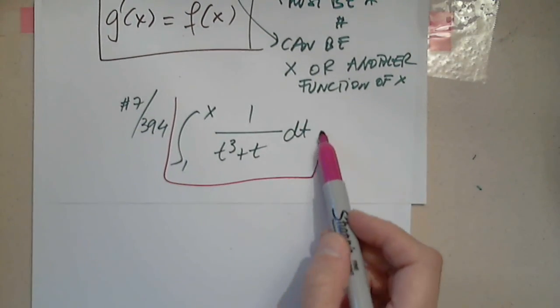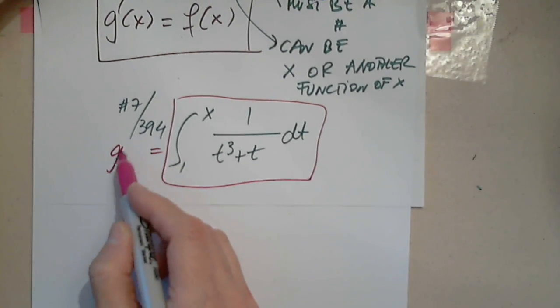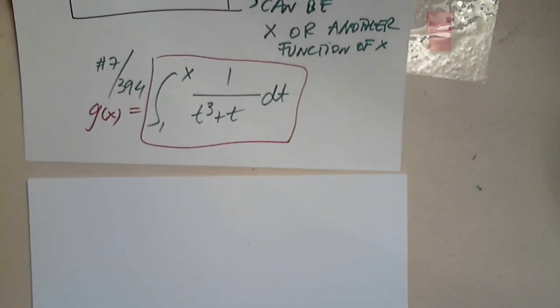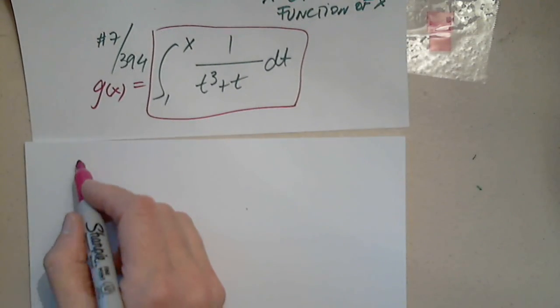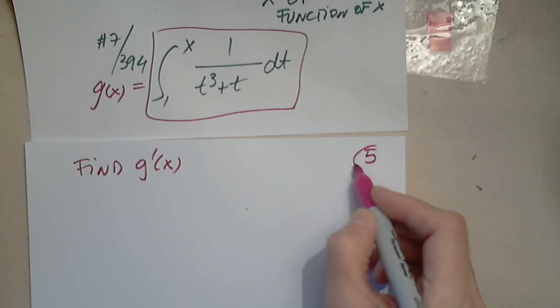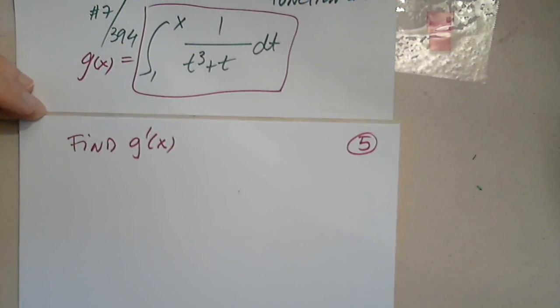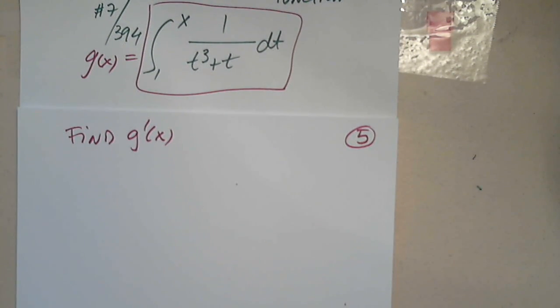You are not asked to evaluate anything or calculate anything here. So this is a function of x. You cannot be asked to do anything else but find g prime. Nothing else. Just to illustrate that when we differentiate an integral, we get the function. That's what this is used for. And of course it has other applications. We'll find other applications, but that's what we're trying to do.